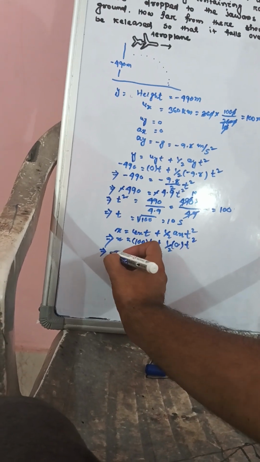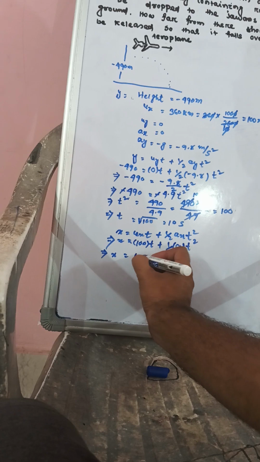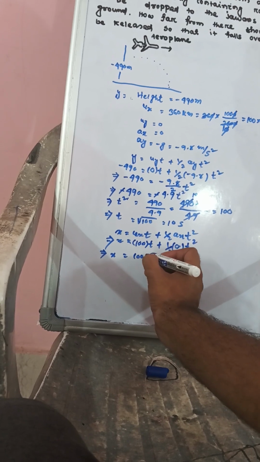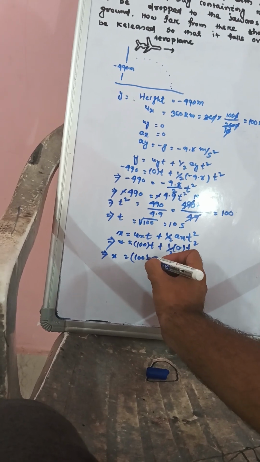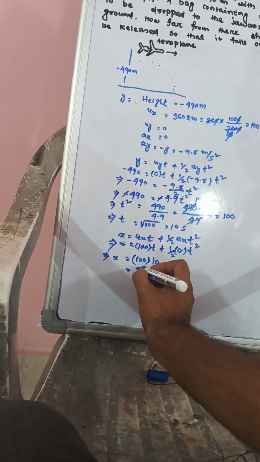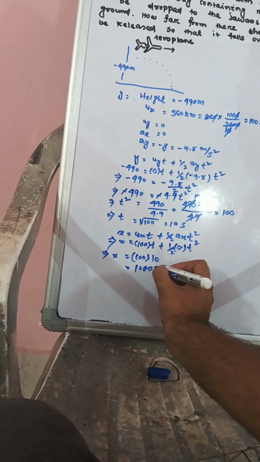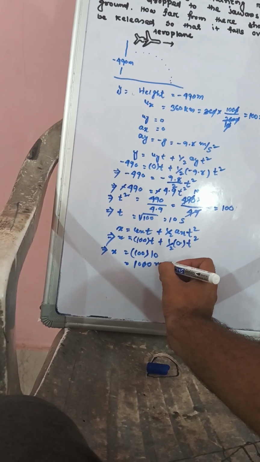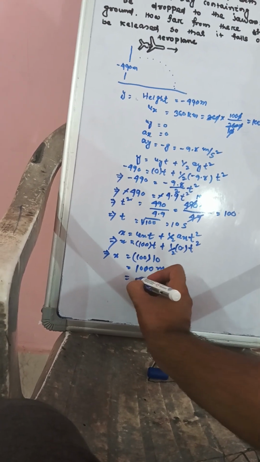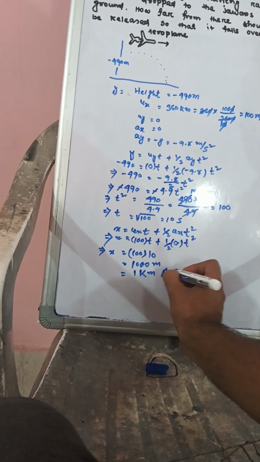This implies that x is equal to, we find the t, 100 into 10 is equal to 1000 meter. 1000 meter is equal to 1 kilometer, which will be the answer.